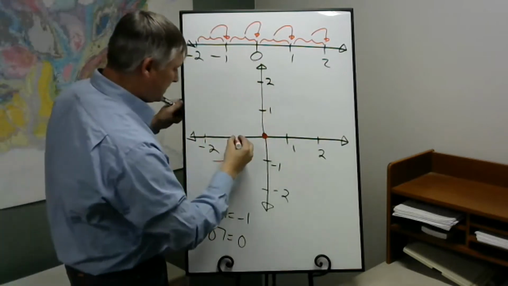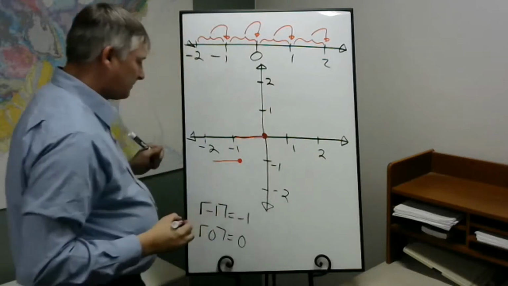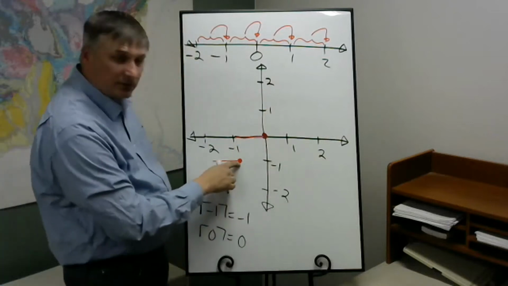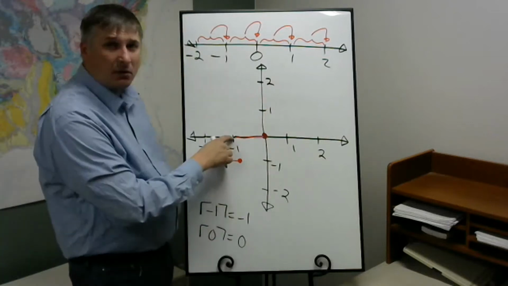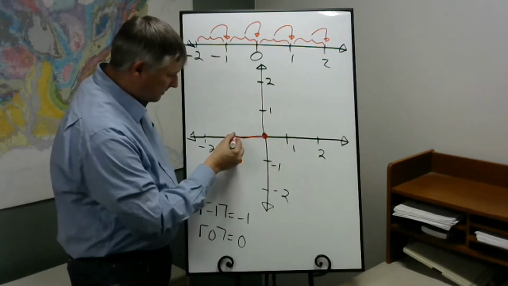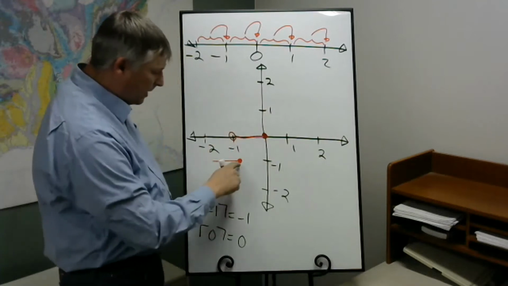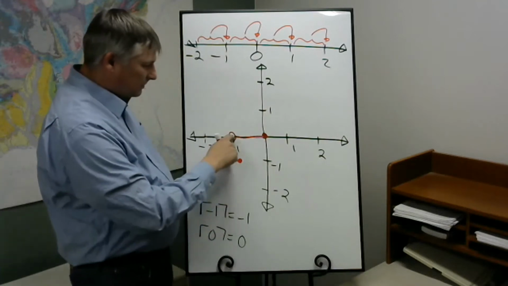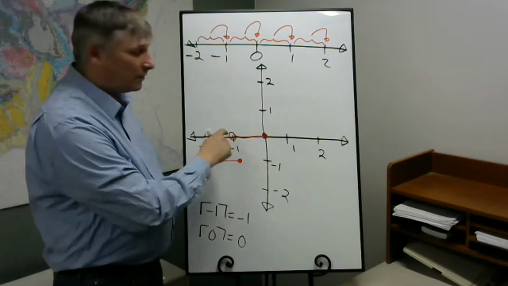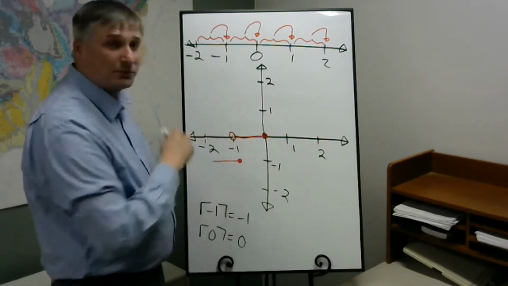So they're going to do this. Well, if we have a -1 here, then this must be a hole. So if there's a y value of -1, we're going to have a hole right here. We don't quite get to -1, x equals -1.